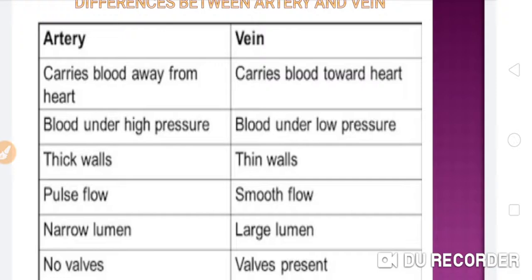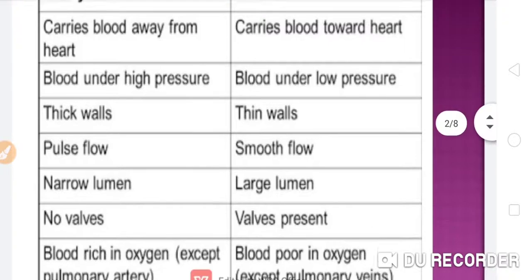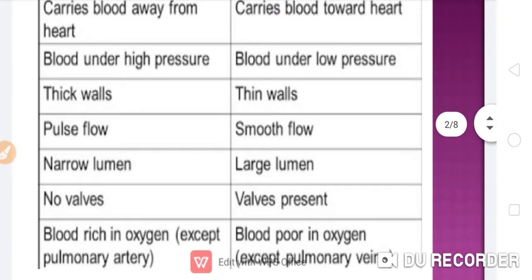And in case of artery, there is pulse flow, meaning a fast flow of the blood takes place, and in case of the vein there is a smooth flow. Next, narrow lumen, meaning it is narrow in size, and the vein is broad inside, that is a large lumen.